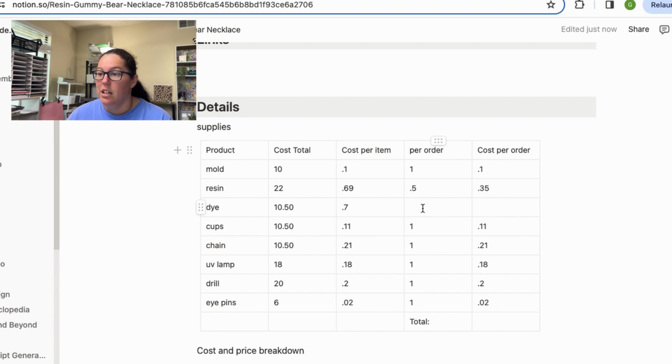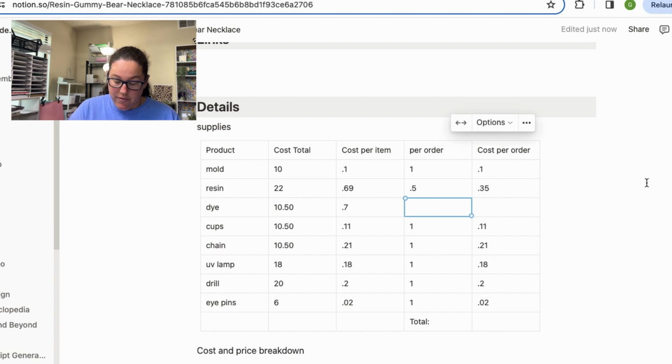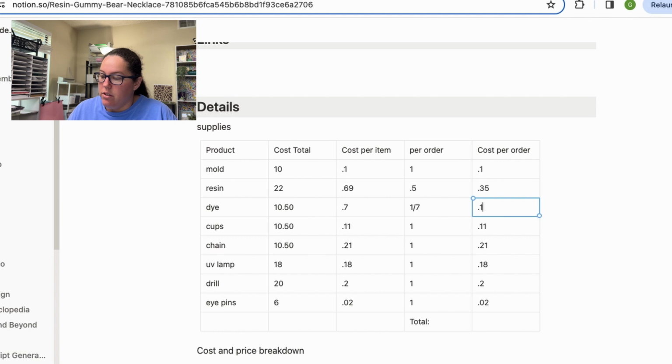Okay. Let's just make something up, I guess. It's 70 cents per bottle. Each of that bottle, so let's just put 0.1.